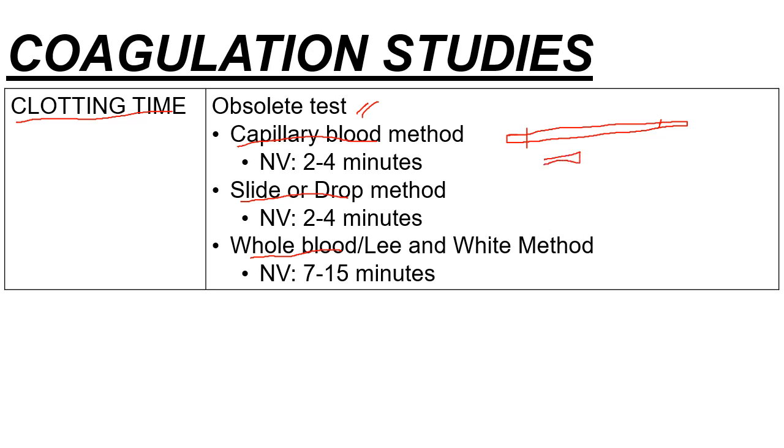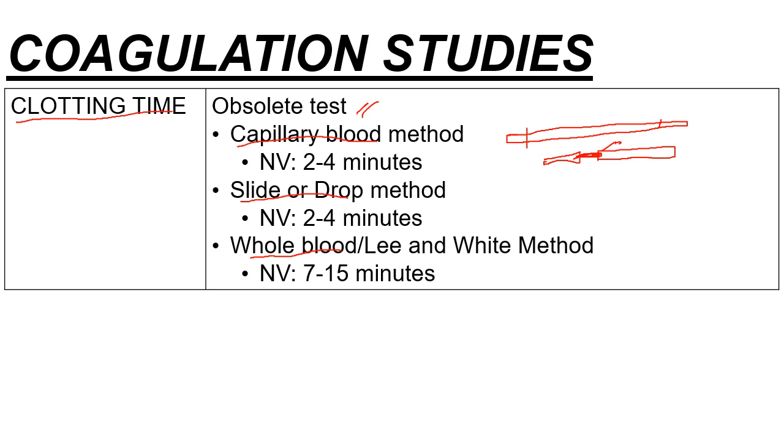Kapag na-break mo na yung dalawa, halimbawa, binreak mo after 30 seconds, no? May string formation doon sa dalawang edges. Ibig sabihin, positive na 'yan for clot. So, matatapos na yung time mo doon sa test na 'to.